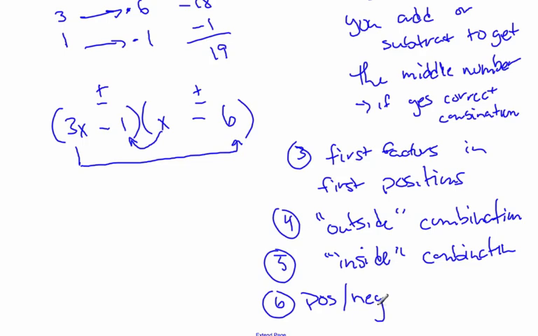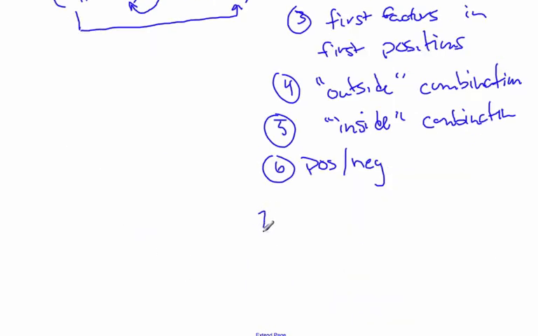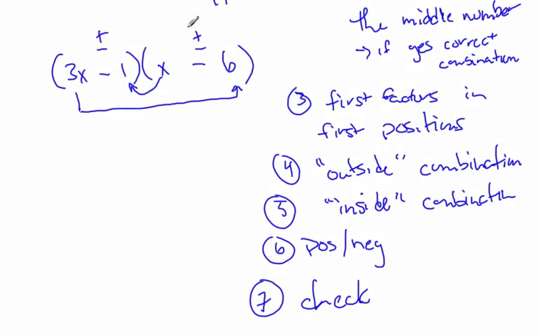Then you can check and make sure it works as well. So we've got our first, 3x squared. So the first will be 3x squared. And then outside we get negative 18x.